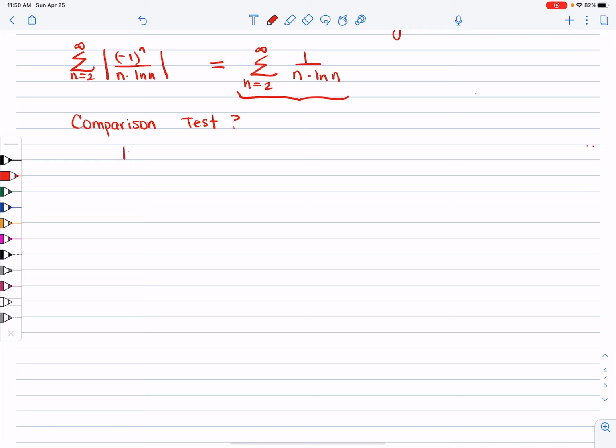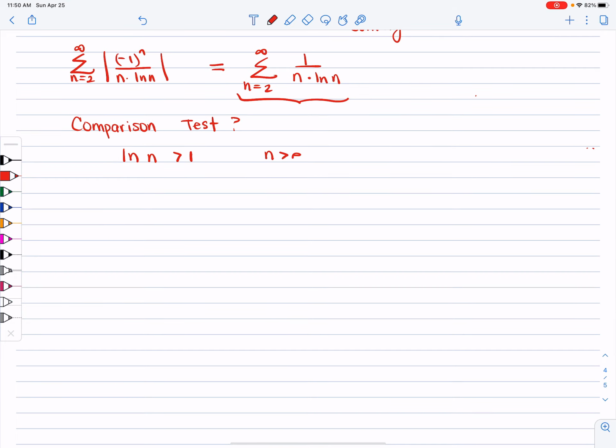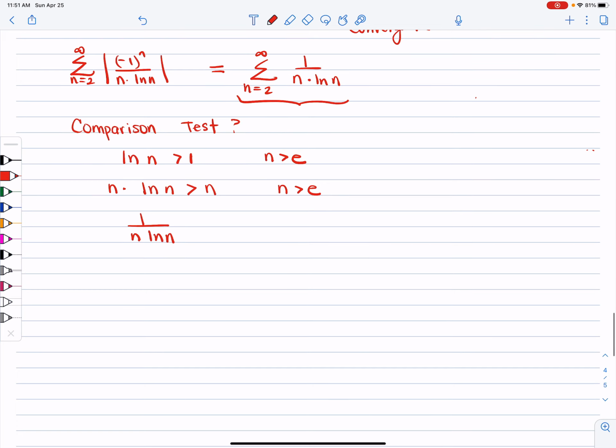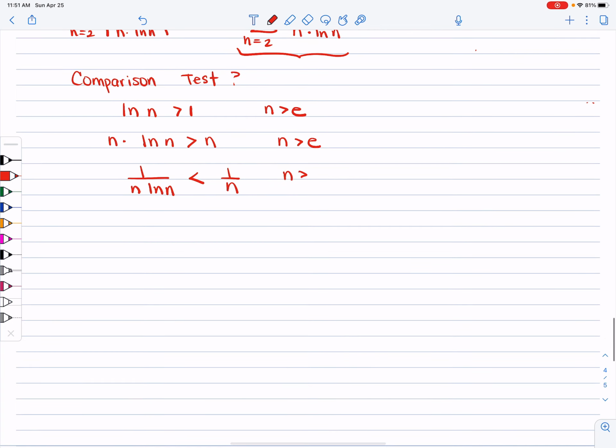So let's say that the natural log of n is greater than 1 for n greater than e. So we can say that n times the natural log of n is going to be greater than n times 1, which is n, for n greater than e. If we look at 1 over n times the natural log of n and 1 over n, then we can say that the left-hand side is less than the right-hand side for n values greater than e.